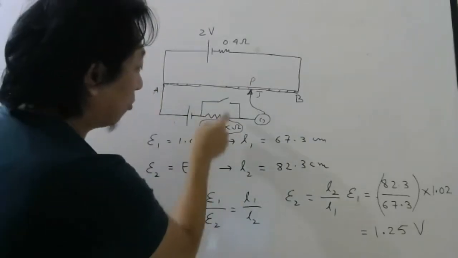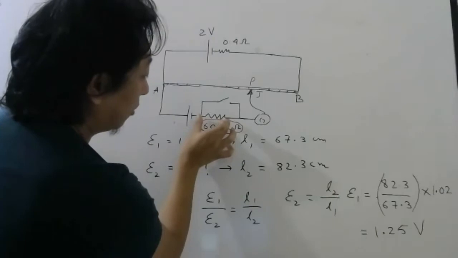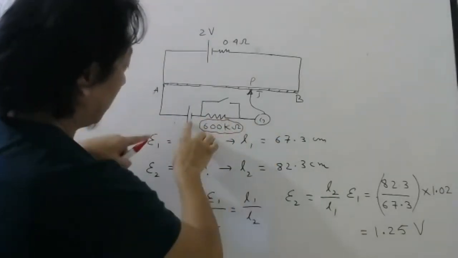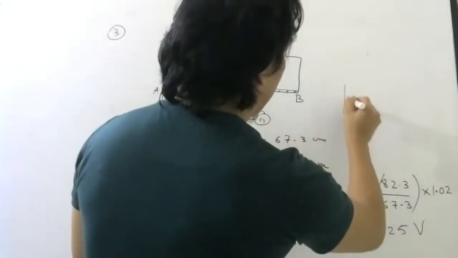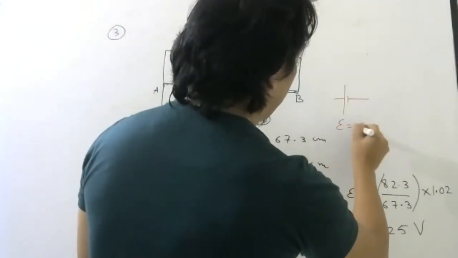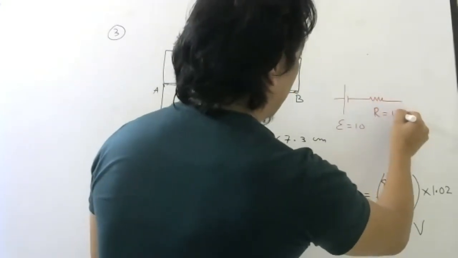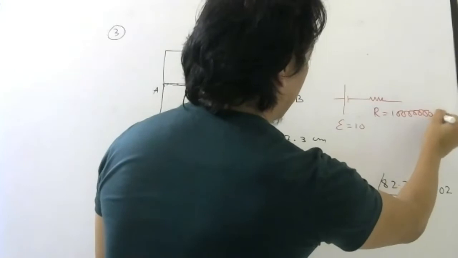So no matter how much resistance you put, there will be no voltage here. So voltage here will be only EMF. For example, imagine this EMF is 10 volt. And here I put some resistor, 1 crore or whatever ohm.